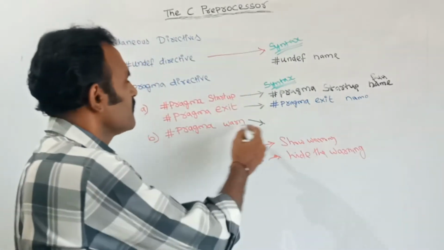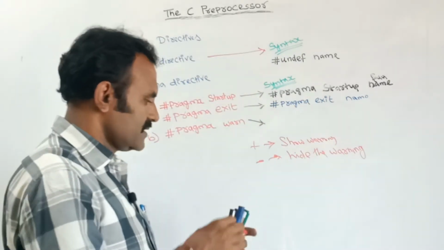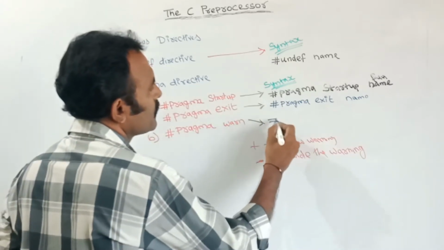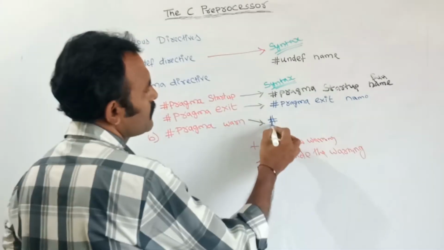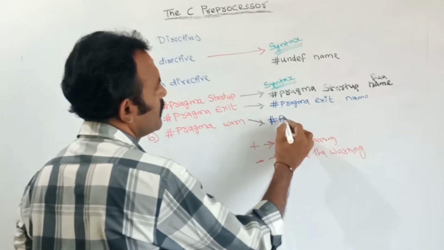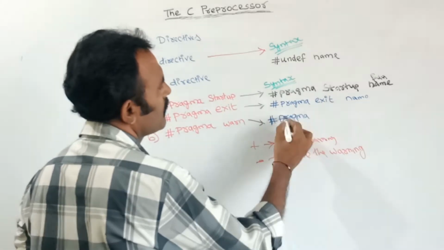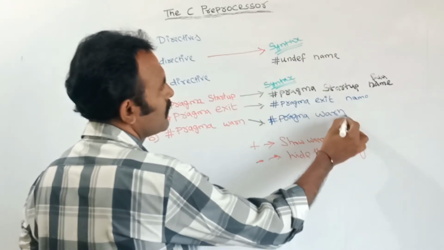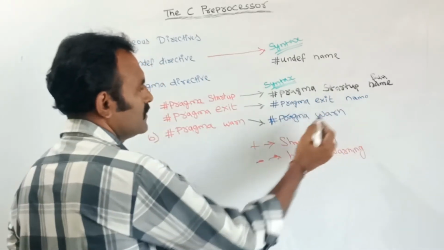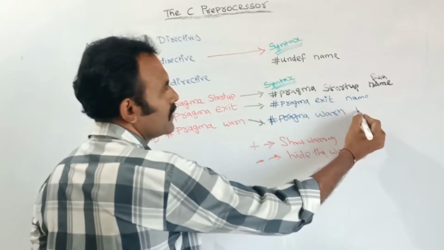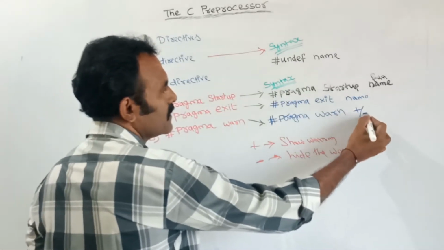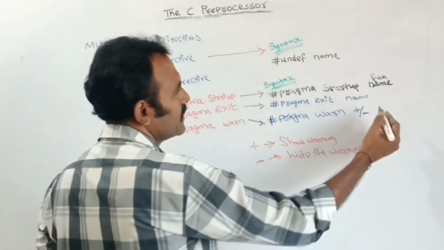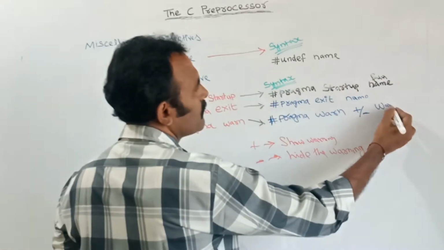The syntax of the pragma warn is: very first you should use the hash symbol, after that pragma, after that warn, then the plus or minus symbol, any one of the symbols, and after that the warning type.